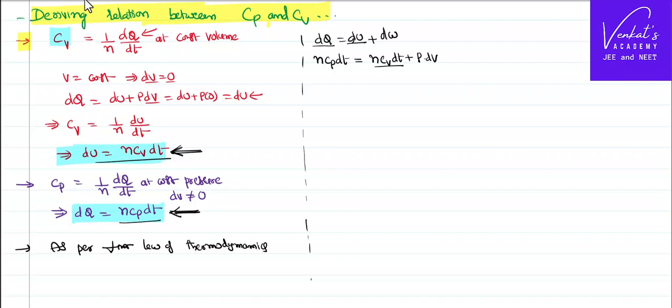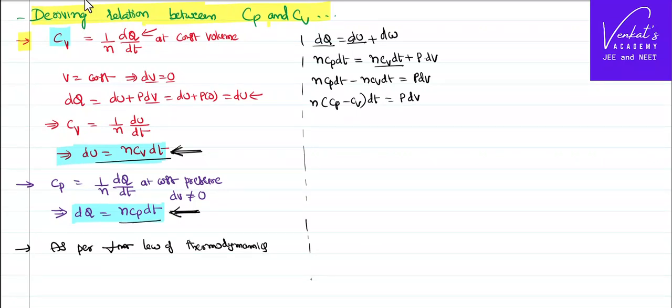So I can get this term to the left hand side: n Cp dt minus n Cv dt equal to pdv. So n of Cp minus Cv dt equal to pdv.